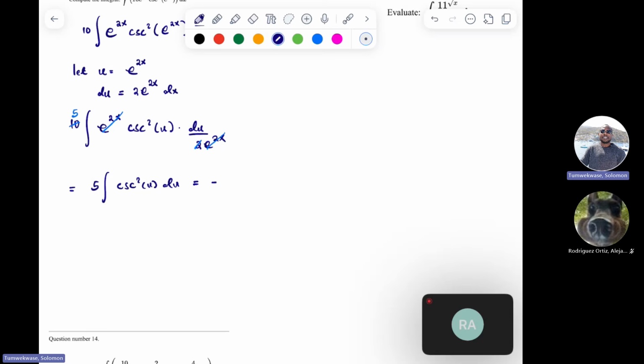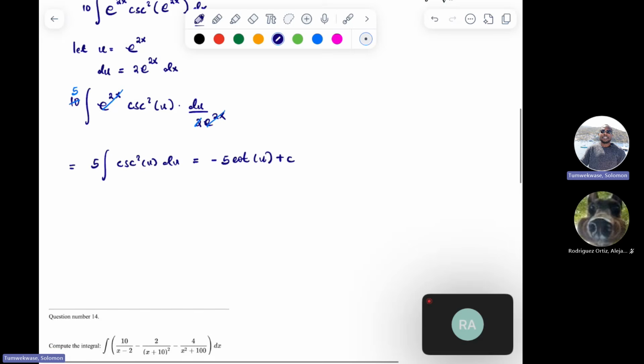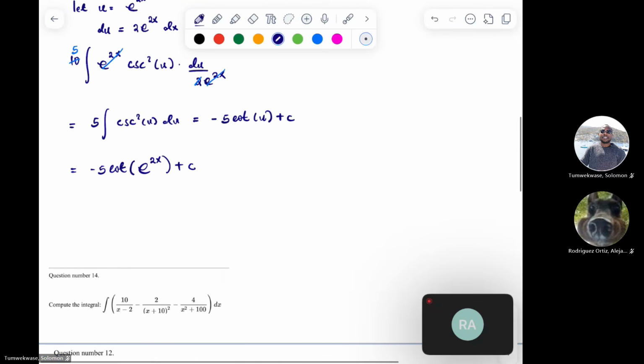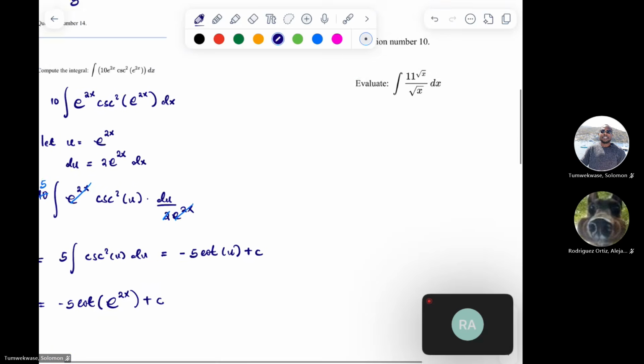So this is negative 5 cotangent of u, but this is an indefinite integral, so plus c. Change back to the variable x, so this is negative 5 cotangent u, but u is e to the 2x, and then plus the constant of integration.